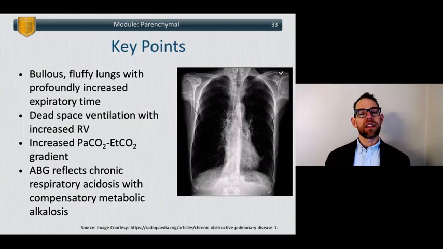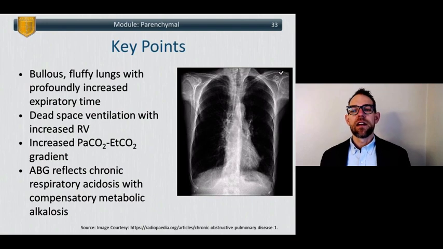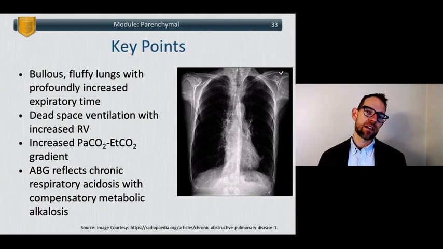So a couple of the things you want to remember from this portion of the lecture are that COPD, this is an X-ray consistent with it. They have bullous, very fluffy lungs. They have a profoundly increased expiratory time because these lungs have lost their elasticity.